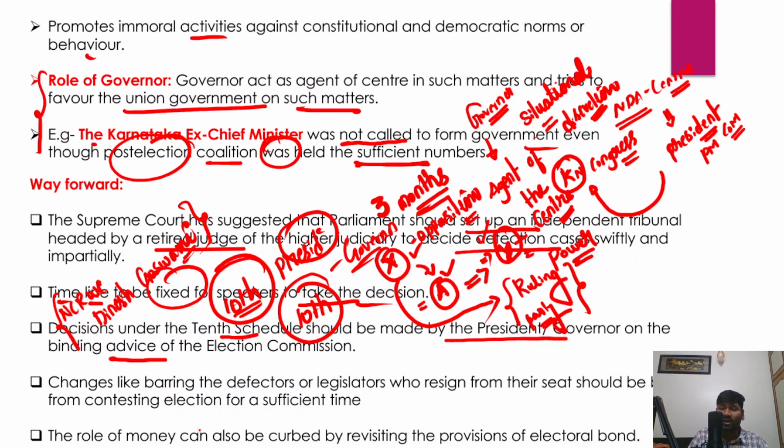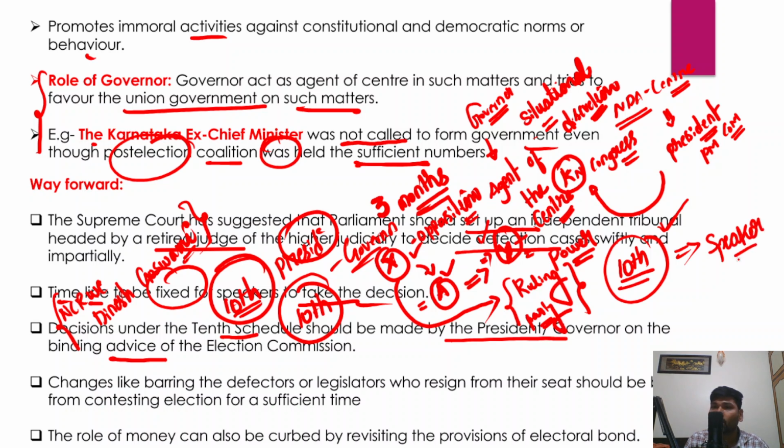But now the decision with respect to the disqualification of members under the 10th schedule would be taken by the speaker, right? So the power to disqualify members under the anti-defection law lies with the speaker.